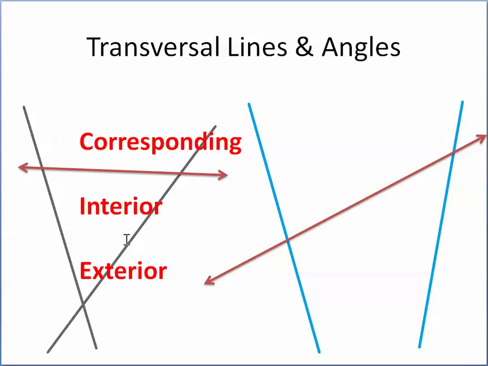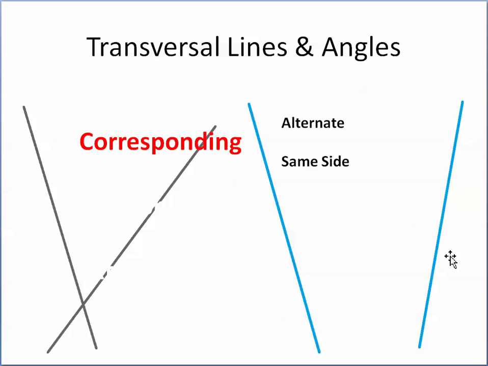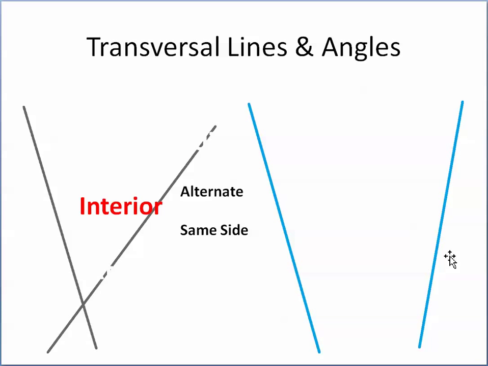So these transversal lines and the angles that they form have three different types. We have what are called corresponding, interior, and exterior, and we'll take a more serious look at that in just a moment. Corresponding angles come in two flavors. They are alternate or the same side, and what that means we'll address in just a few moments. Interior angles, those are on the inside, also come in two flavors, alternate and same side.